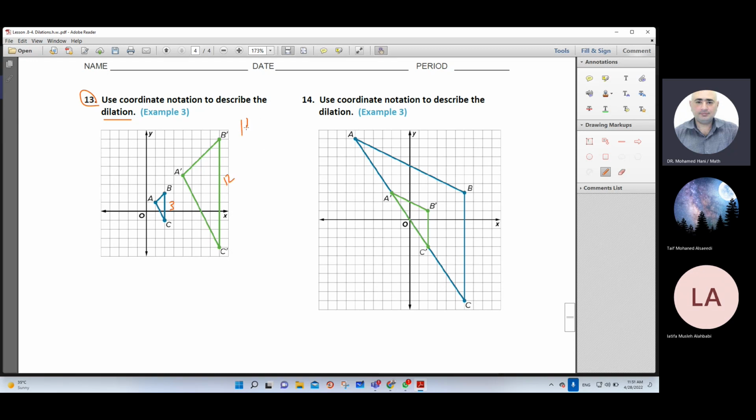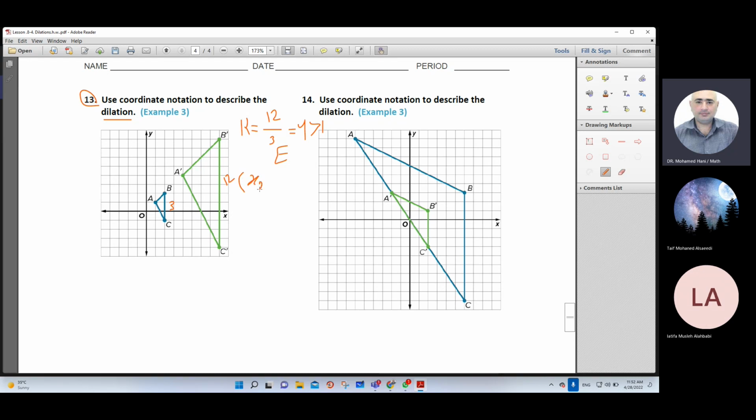Now k equals 12 over 3. 12 divided by 3 is 4, and 4 is greater than 1, so we have enlargement. So what is the rule here?